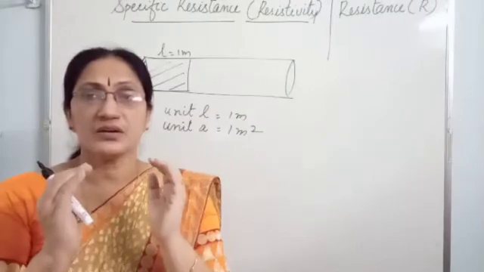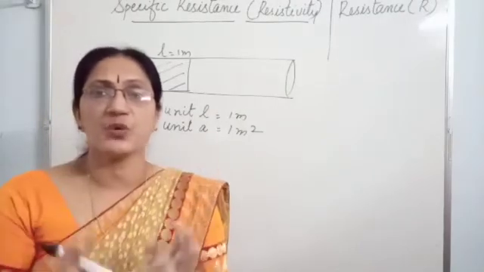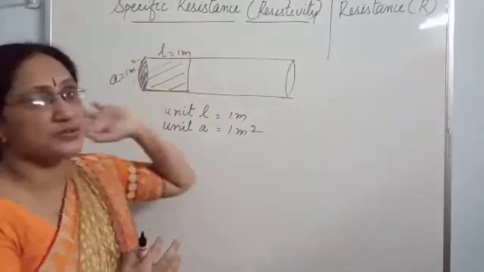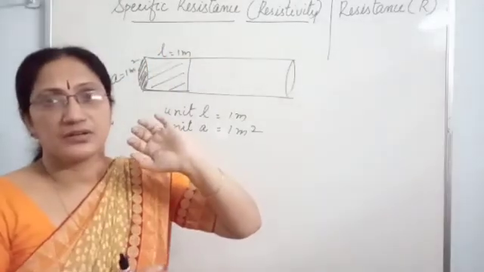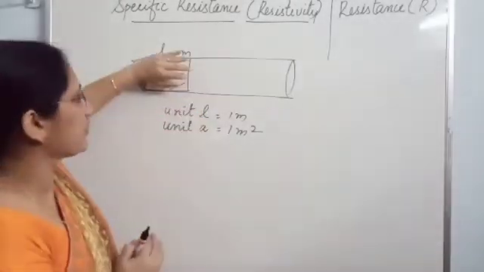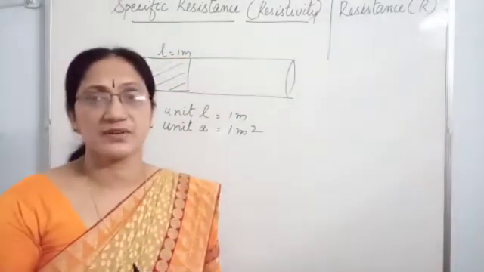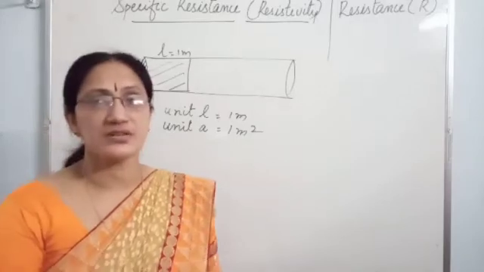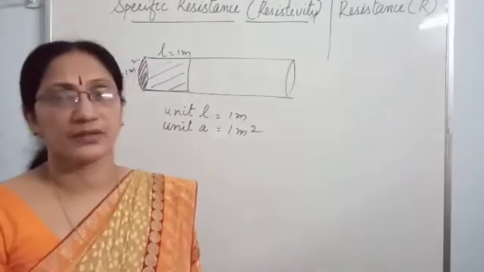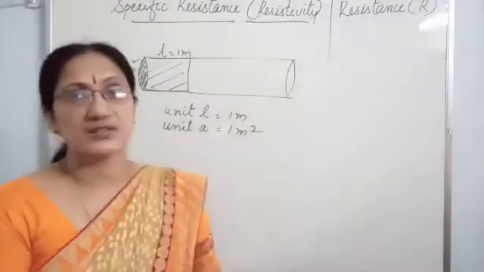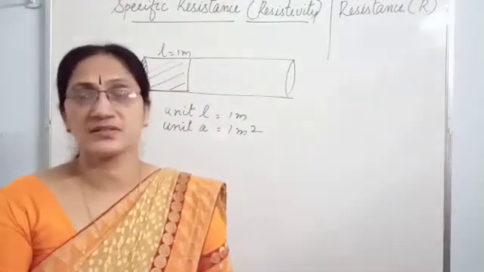It is the resistance of unit volume of material. That is why the word specific is used. What is the resistance of unit volume of material? That is known as specific resistance. Its value is constant. Then when temperature of the wire changes, naturally its resistance changes.